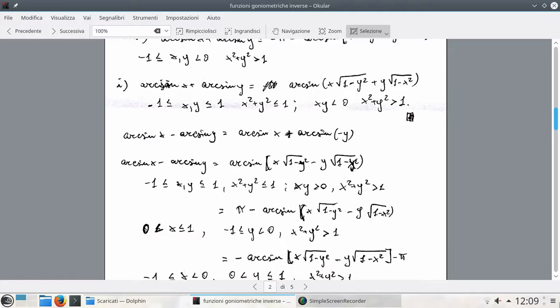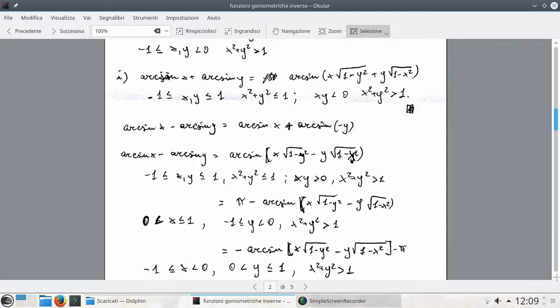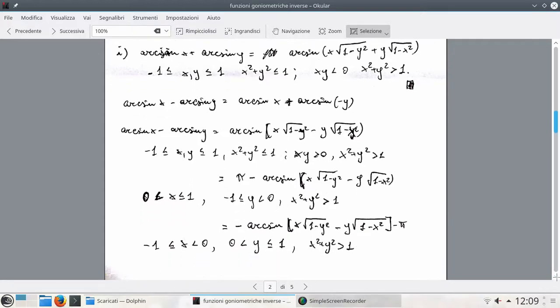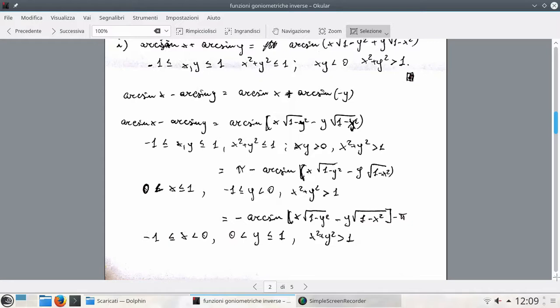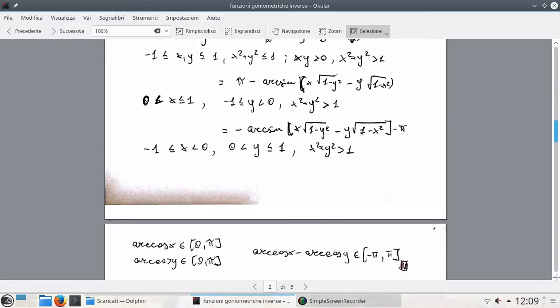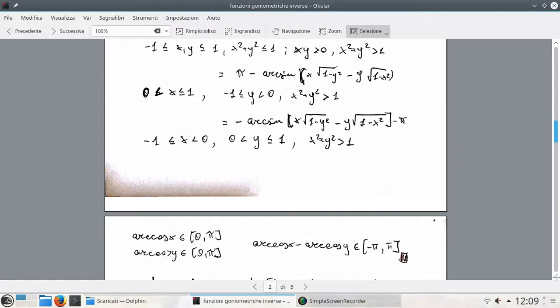Okay, you can take note easily, until I pass to the formula relative to arccos.